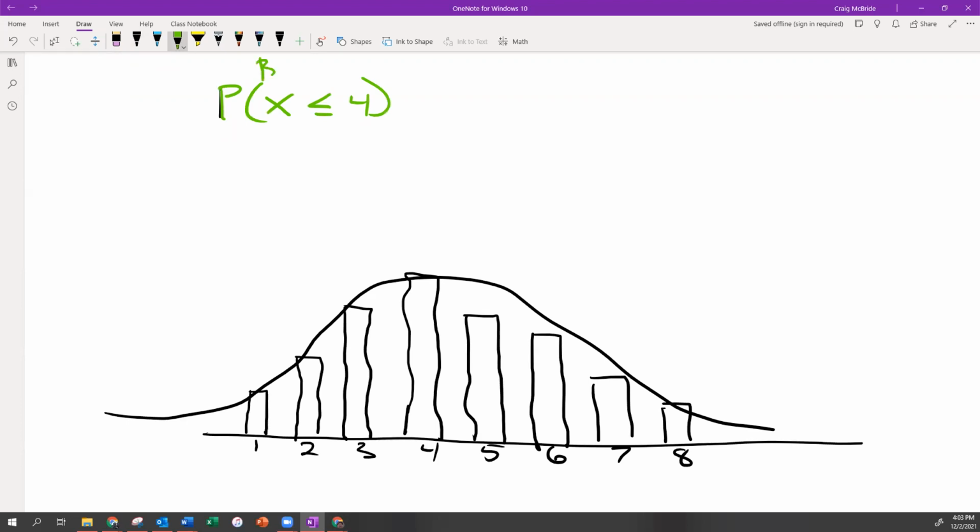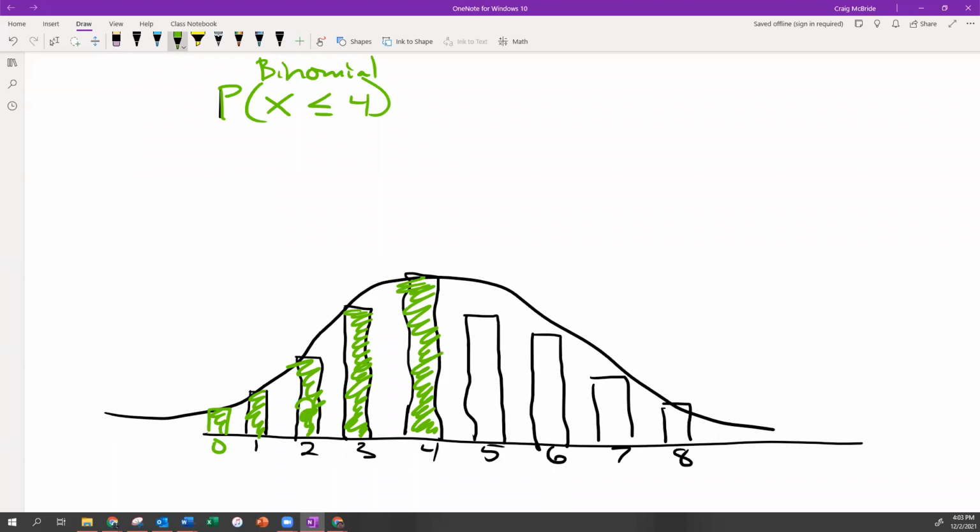Well, for the binomial, if we were going to do this precisely, we would literally just take this, this, this, and then of course the one for 0. And that's the probability of being less than or equal to 4. So we want this one as well, less than or equal to 4. And that would give us the precise answer for the binomial.